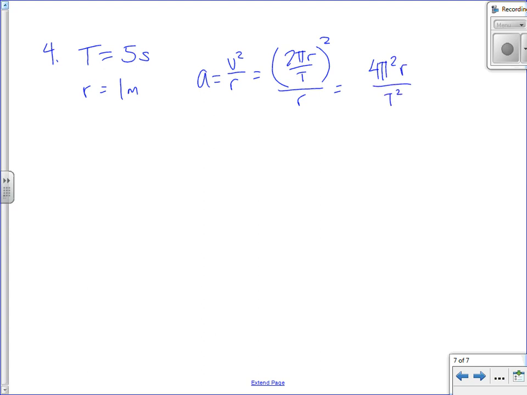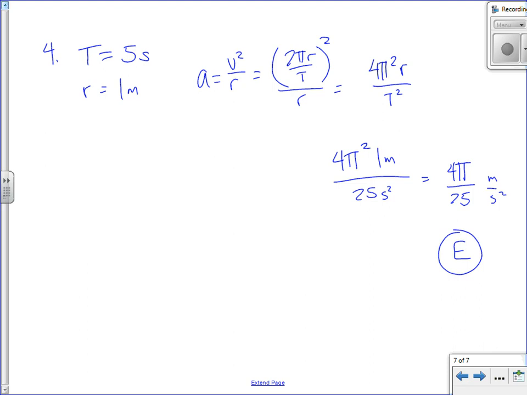We should have seen that before. So 4 pi squared times r over T squared. So there it is. Well, it's 4 pi squared over 25 meters per second squared. So which one is that? That looks like E. The lines there mean divided by. They try to do it under. Yeah, it's E. Well, more importantly, that's the answer.